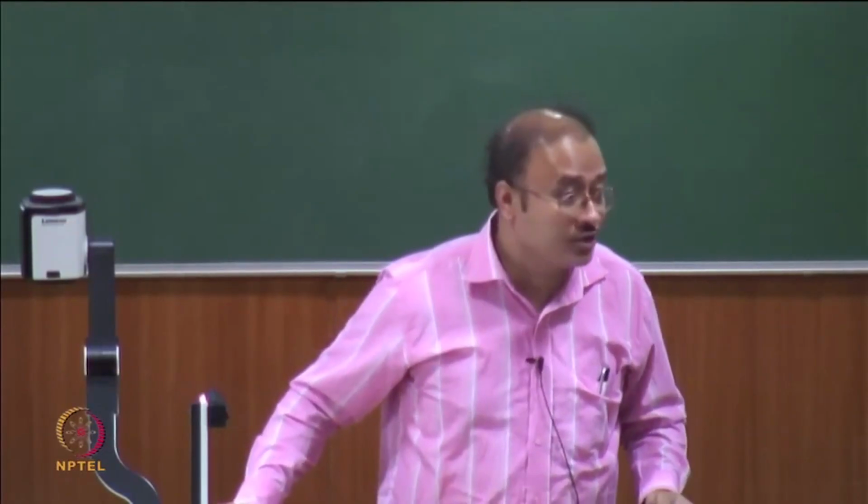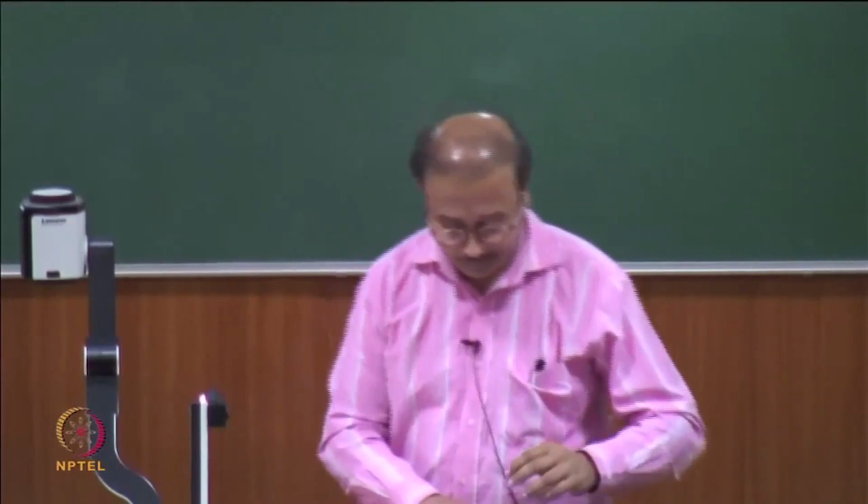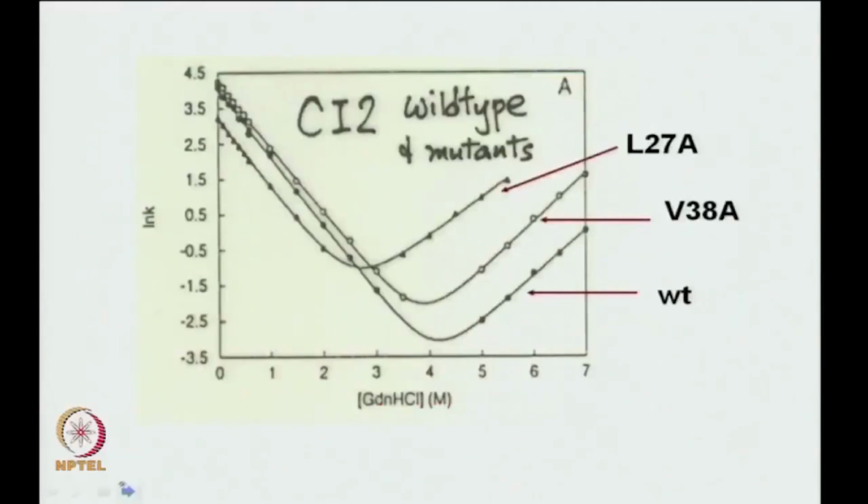That is also one of the ways of checking it, right. Let me give you an example. This is for chymotrypsin inhibitor 2. Remember, we talked about this with regards to the nucleation condensation mechanism and the phi-value analysis.